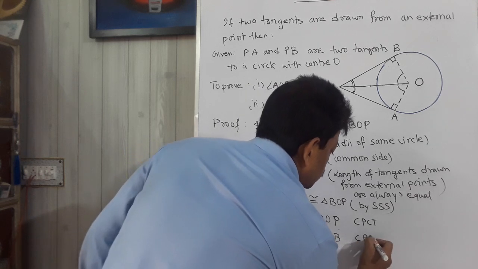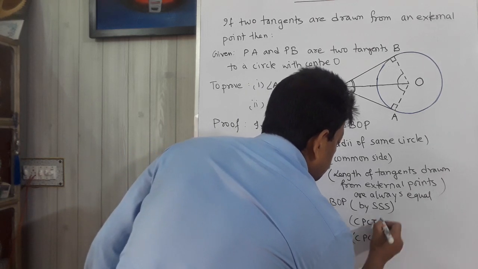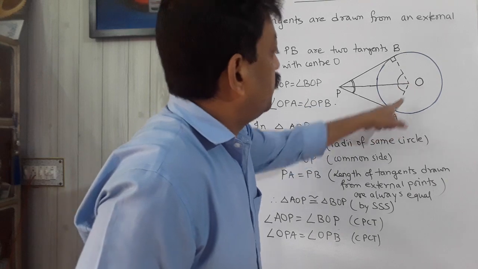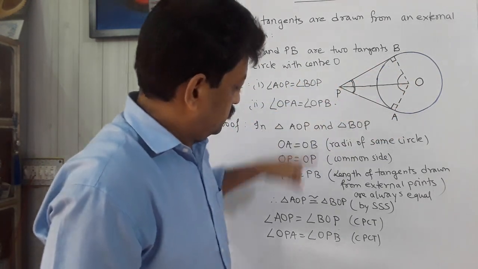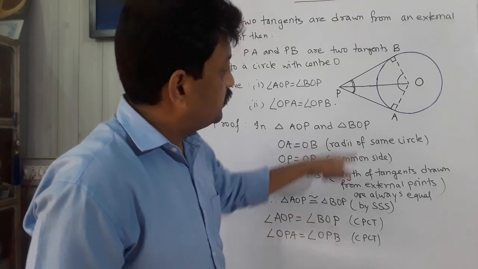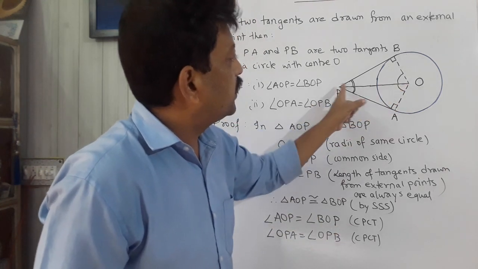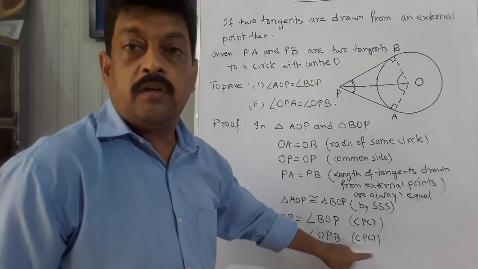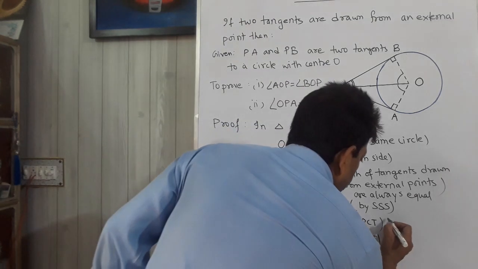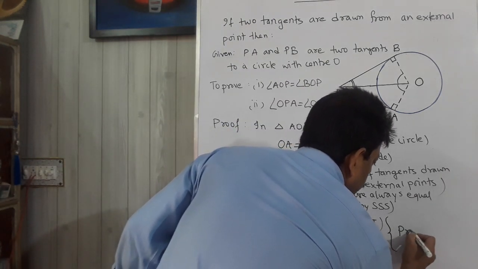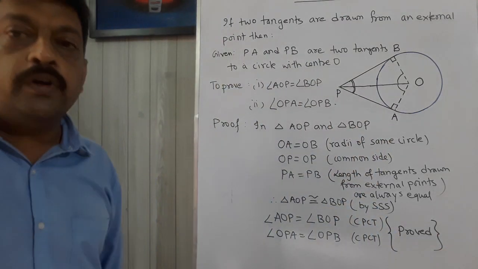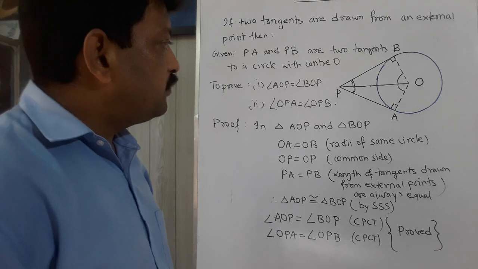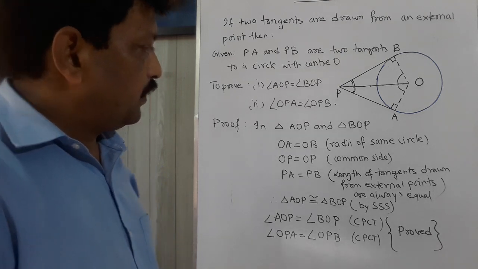This is also CPCT. Angle AOP equals angle BOP, proved by CPCT, and angle OPA equals angle OPB is also proved by CPCT. Therefore, these two properties of tangents are proved. Hope you have understood. That was a very easy one. Just go through it.